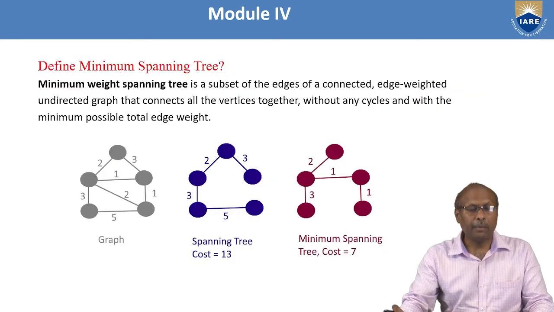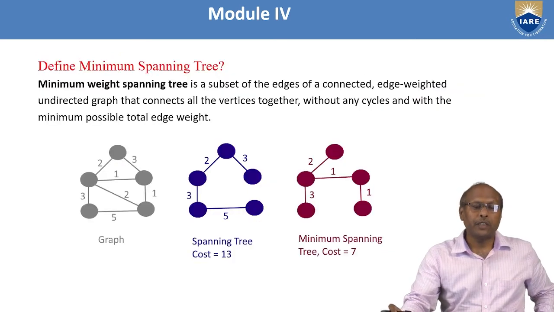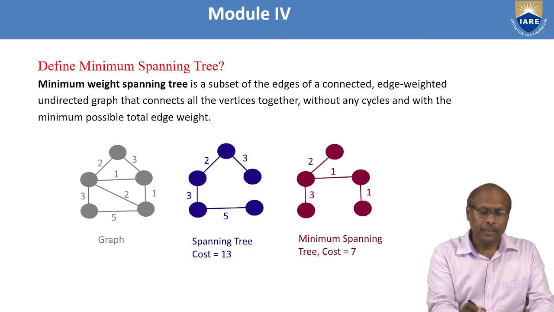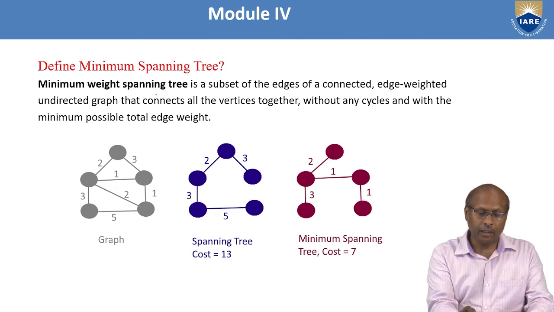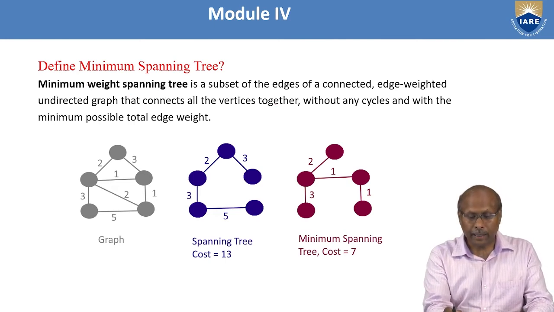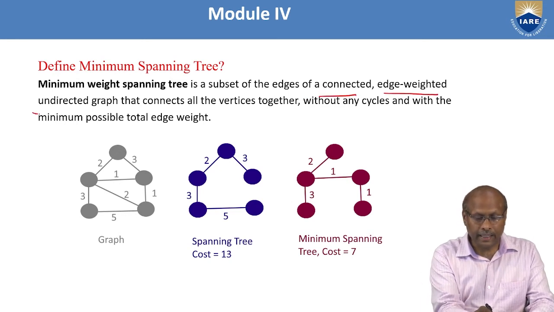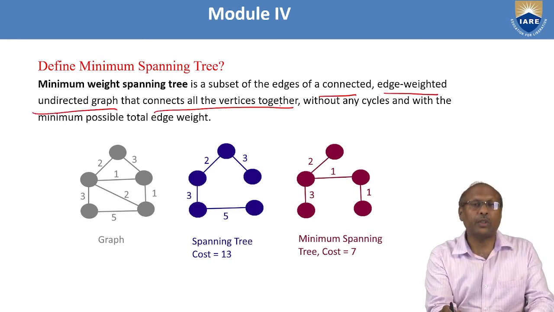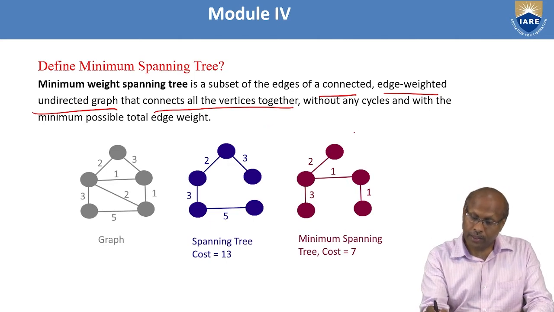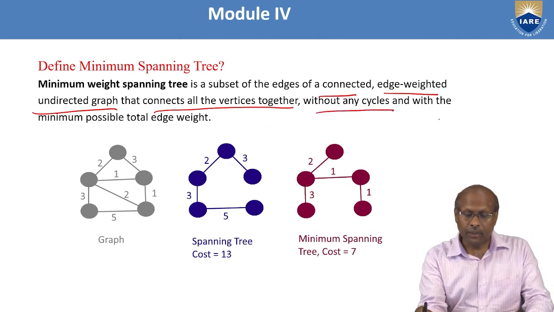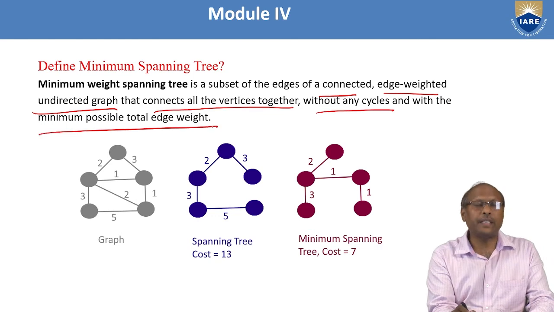Next, they may ask, define a minimum spanning tree. Then how will you define it? A minimum spanning tree is also called a minimum weight spanning tree. It is a subset of the edges of a connected, edge-weighted undirected graph that connects all vertices together without any cycle and with the minimum possible total weight.